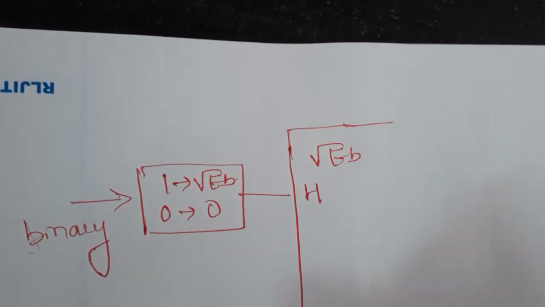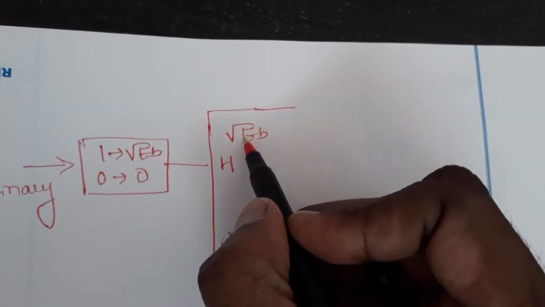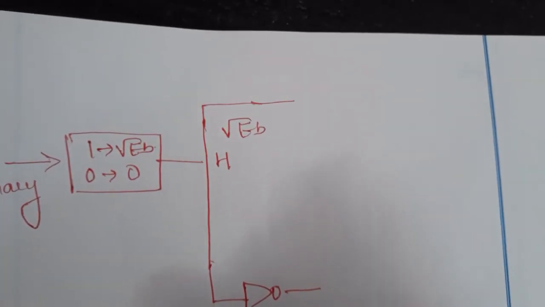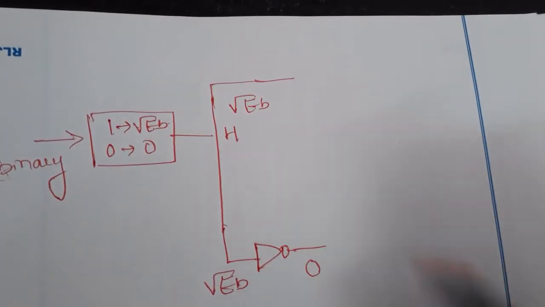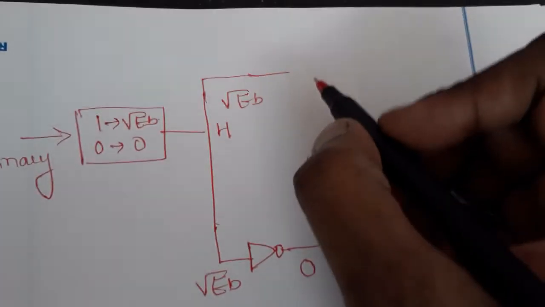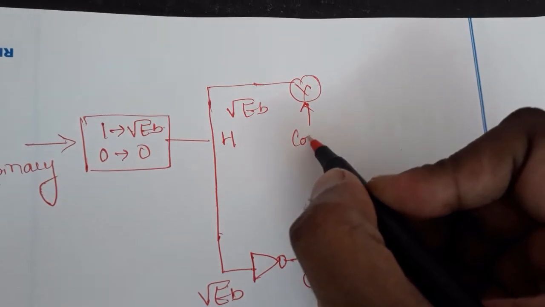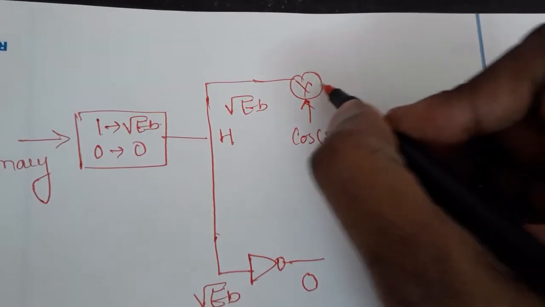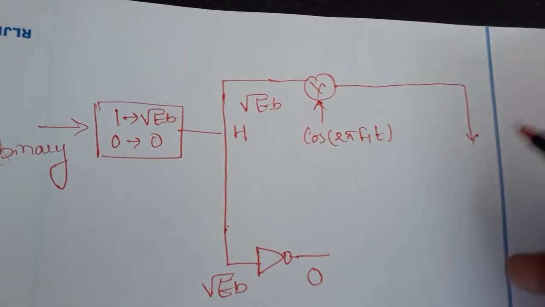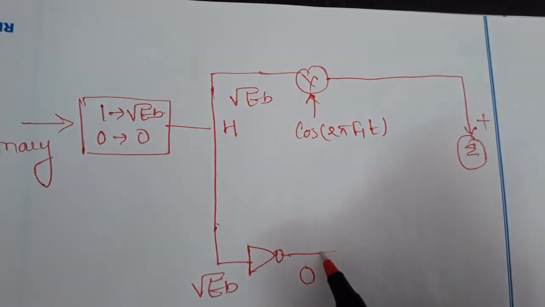And you have got one inverter down. Its input is root EB. So when you invert, it is 0. And you have to multiply this one with cos 2 pi f1t. Then it goes here. Then I am using a summer. I am going to add it up.